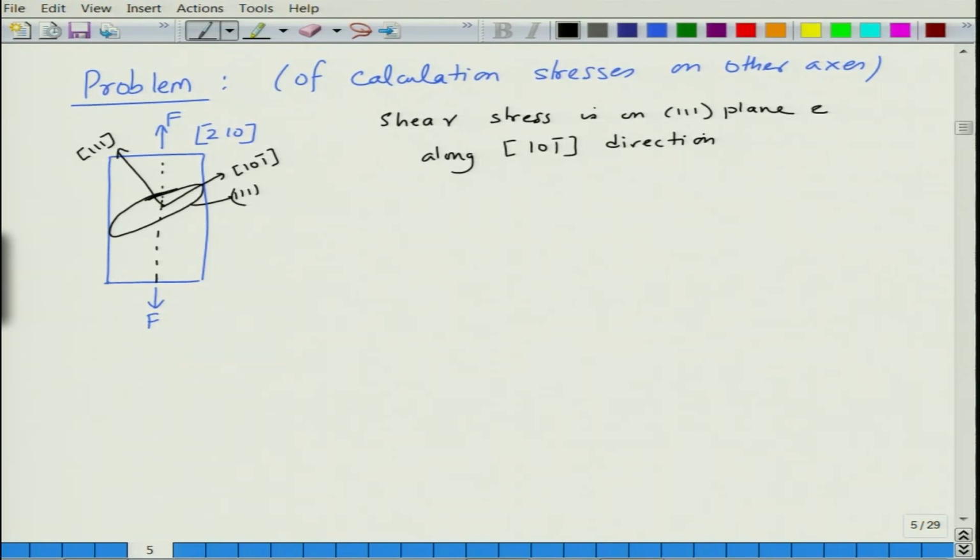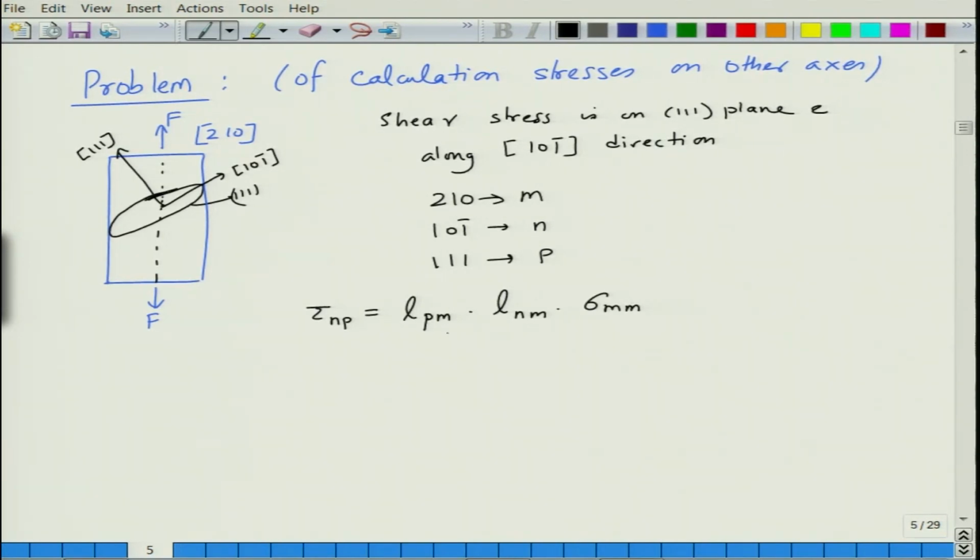Let us define 210 as the M axis, 10 bar 1 as N, and 111 as P. If we follow these conventions, then we can write the expression for tau NP, the shear stress along the 10 bar 1 direction in the 111 plane. This is LPM multiplied by LNM into sigma MM.